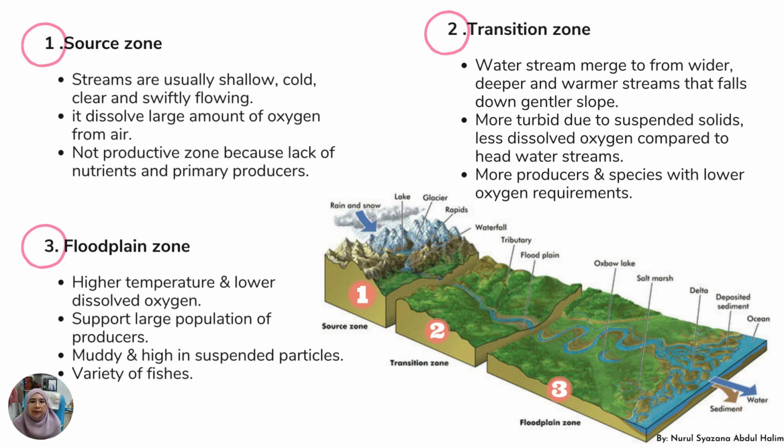It is more turbid due to suspended solids, and it has producers and species with lower oxygen requirements. Lastly, the floodplain zone, which has higher temperature and lower dissolved oxygen. This zone supports a large population of producers, and it is a muddy area and has a variety of fishes.